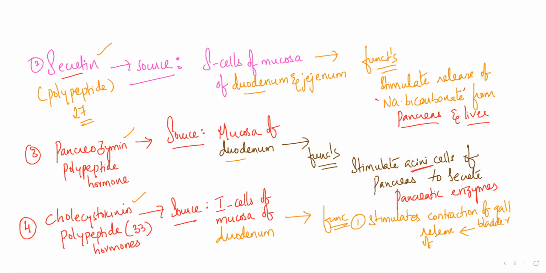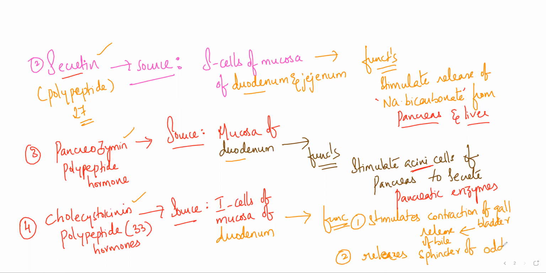The release of bile is actually being controlled by whom? The cholecystokinin. And next, it performs another function: it relaxes the sphincter of Oddi.